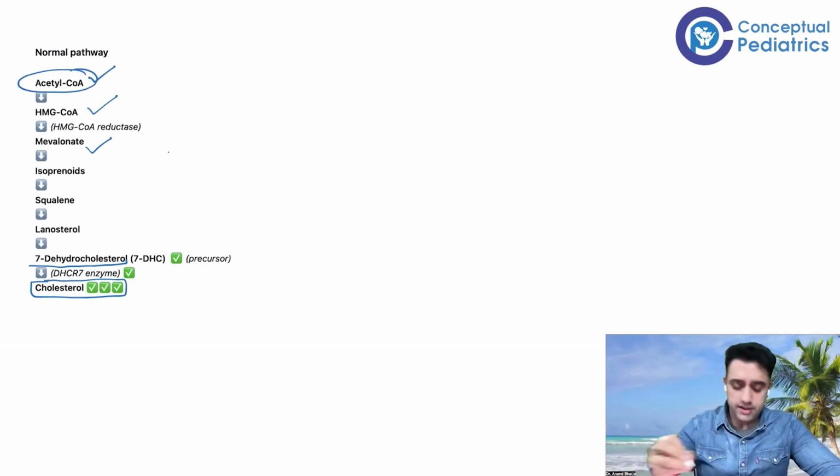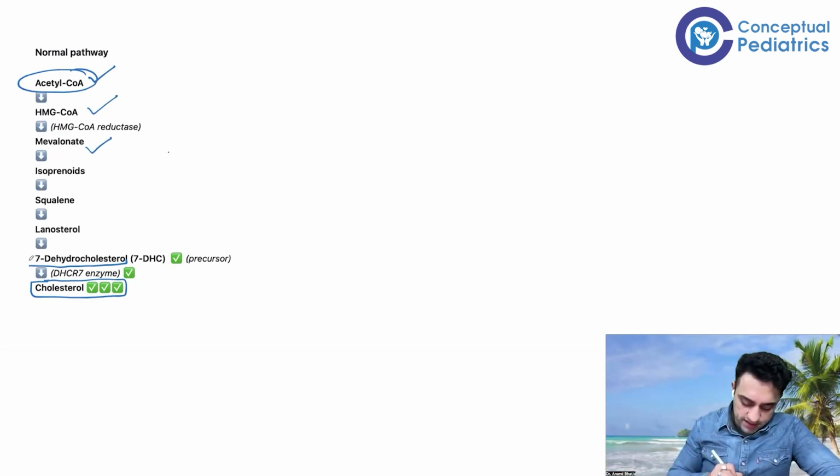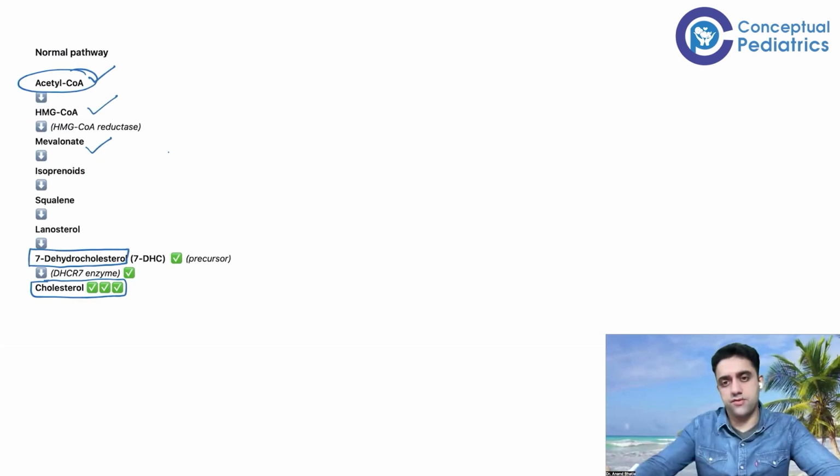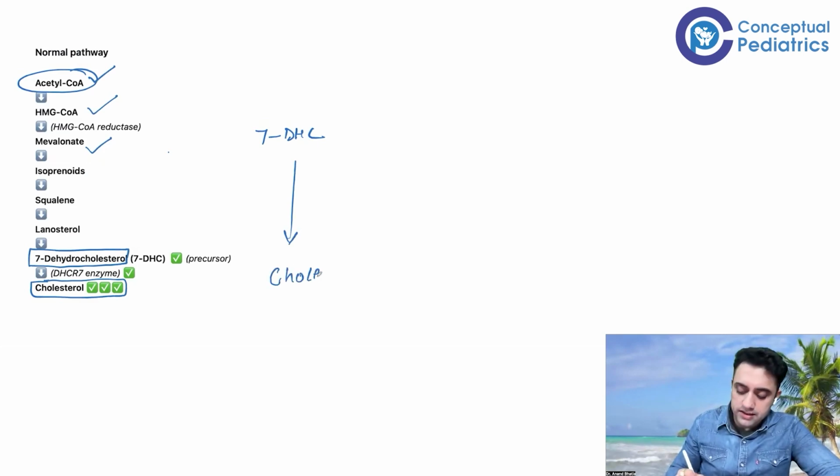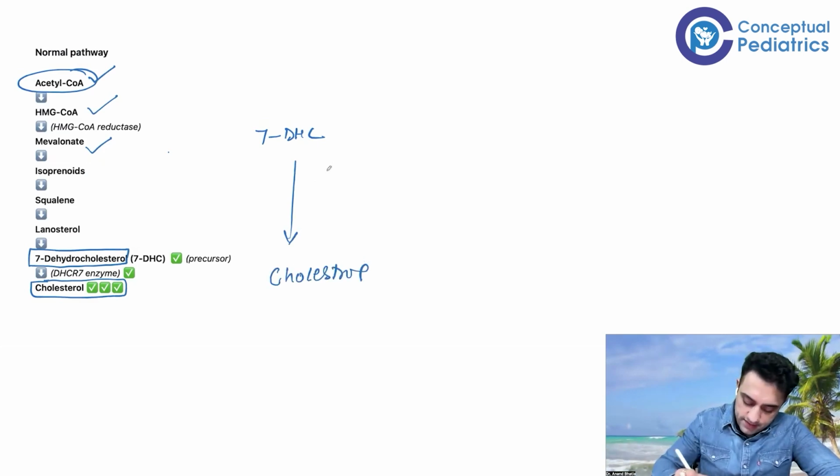Before formation of cholesterol, two words I want you to remember: 7-dehydrocholesterol and cholesterol. 7-dehydrocholesterol gets converted into cholesterol. The enzyme responsible here is dehydrocholesterol reductase.